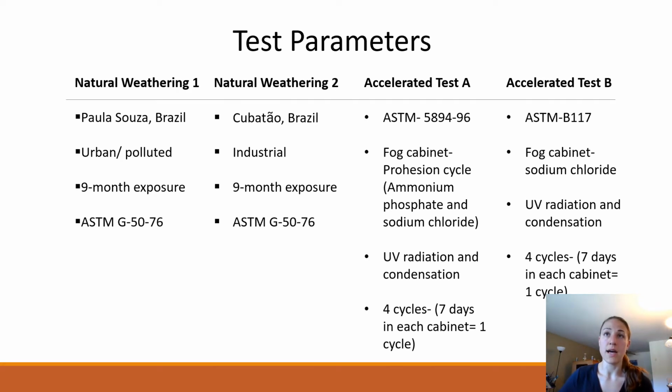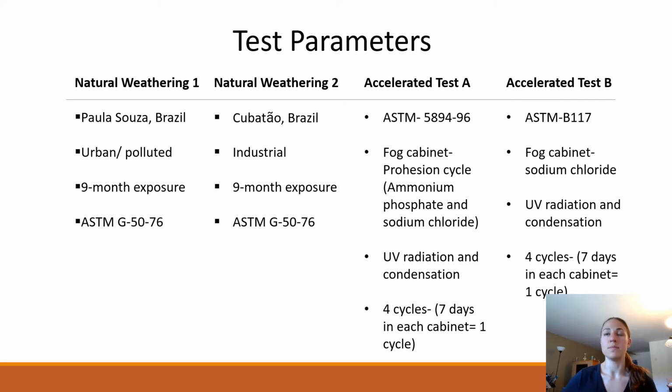For our lab test, accelerated test A, we have our Prohesion cycle. This is an ammonium phosphate and sodium chloride mixture, and the test specimens were cycled in and out of that cabinet, and also a UV radiation and condensation cabinet, for a total of 4 cycles.